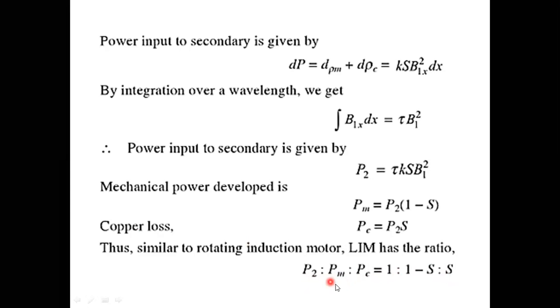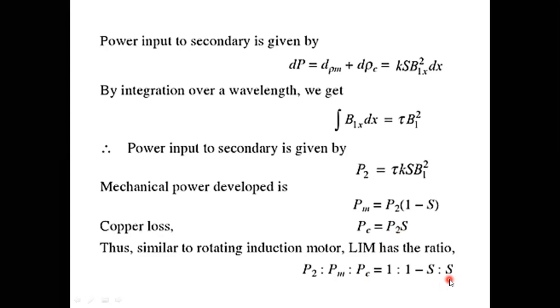So P2 by P2 and PM by P2 gives 1 minus S, and Pc by P2, that is P2 S by P2, gives the S value. P2 and P2 cancel. This is the ratio.